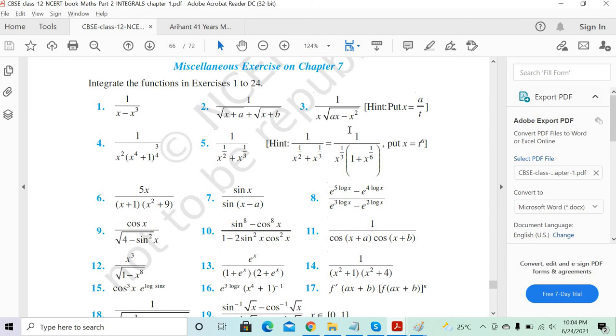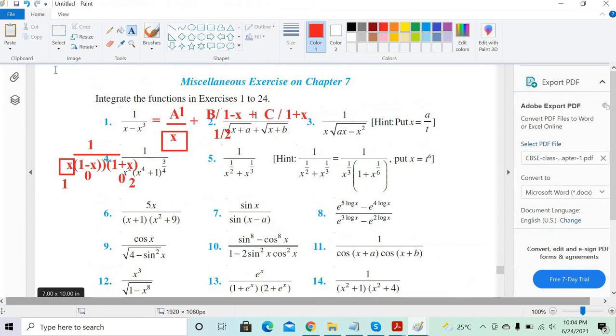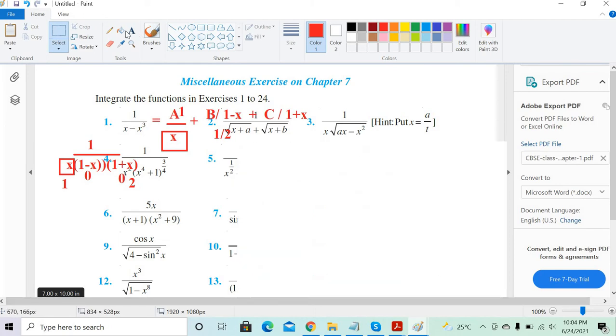So this will become a. Let's do one thing, okay? So here, what you need to do is simplify this part. So how do you simplify it?